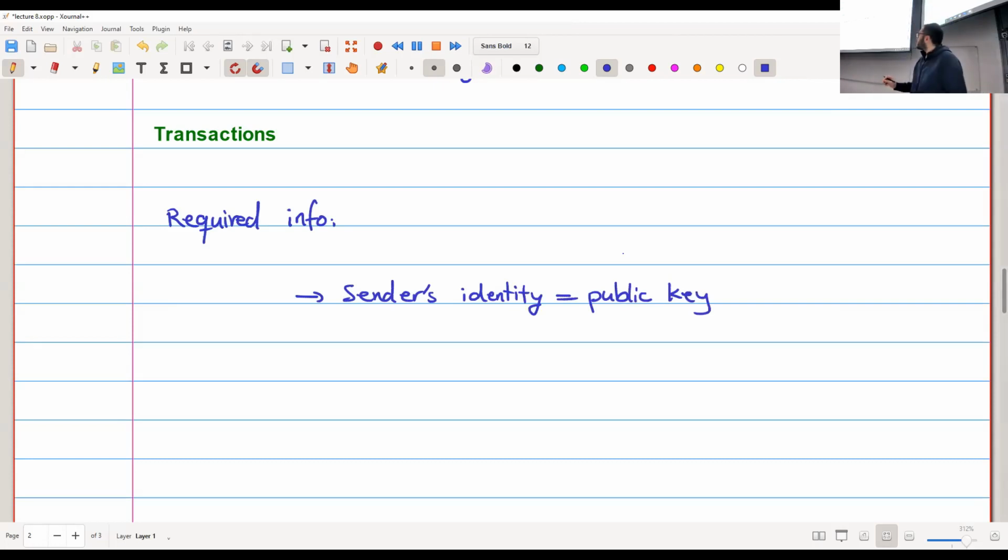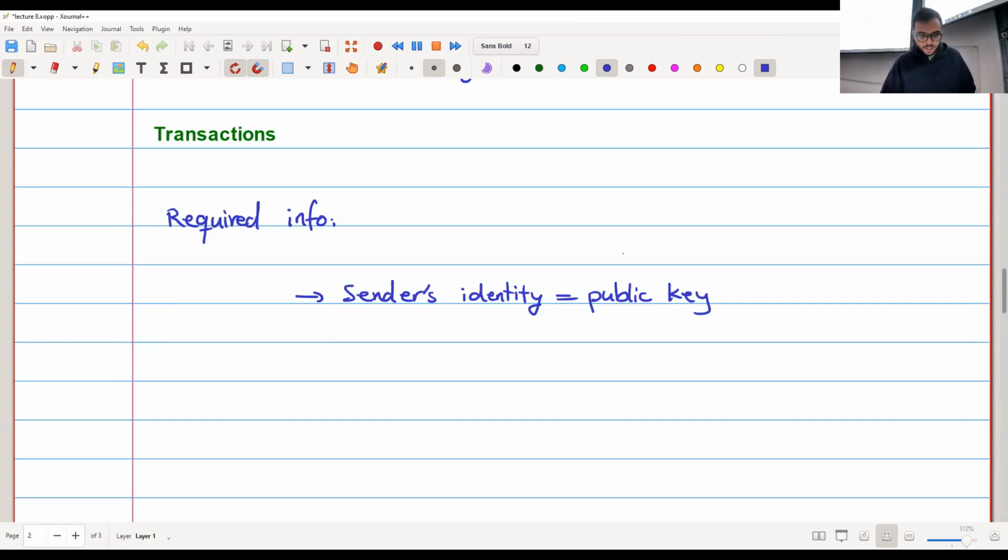Now, to be very specific again, I always forget hashing. In Bitcoin and Ethereum and so on, your public key is not really your identity. Sometimes the hash of your public key is your identity, but I don't care about that at this point. So let's just say that a transaction should contain the sender's identity or public key.